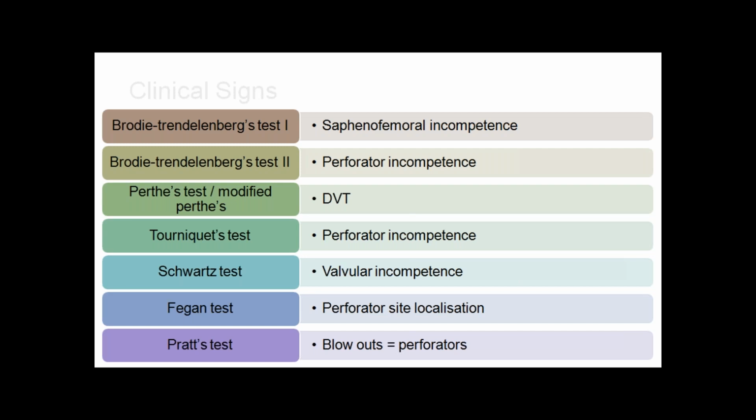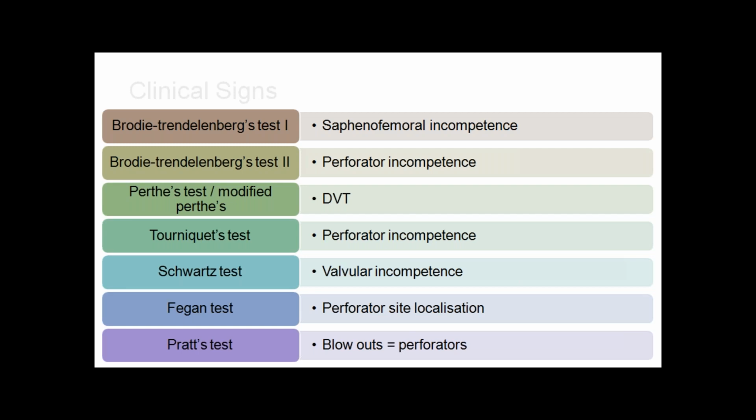So we have to mark those sites, and again we will empty the veins by lifting the lower limb. Now we have to feel the pits in the deep fascia where we have already marked the perforator incompetence sites. There it confirms the perforator incompetence.